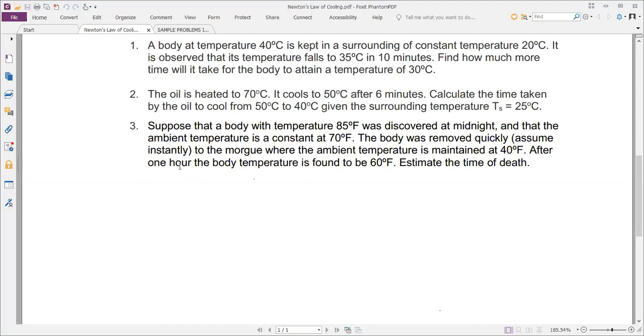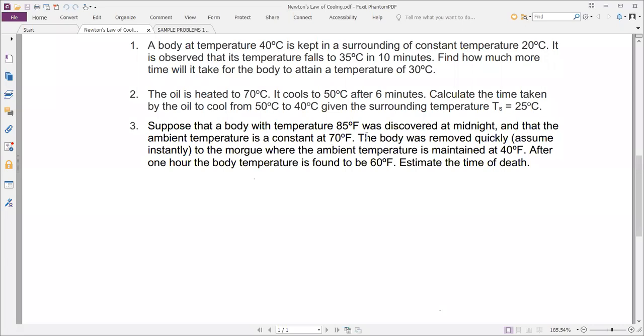After 1 hour that the body stayed in the morgue, its temperature decreased to 60, from 70 when it was found. You are to estimate the time of death of this particular person whose body was found at 12 midnight and whose temperature registered 85 degrees Fahrenheit.